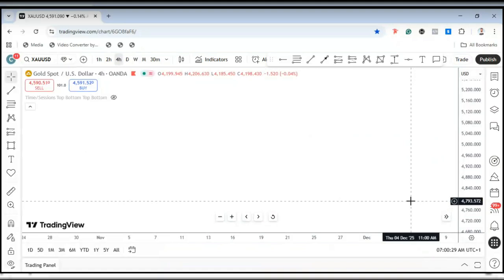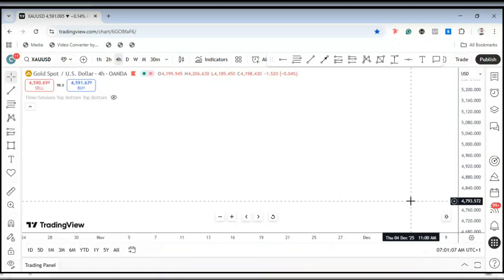Because if I'm buying Euro USD at 1.100, and someone is also selling to me at 1.100, and after like 5 or 10 or 15 minutes the price moves towards 1.200, the person who sold to me at 1.100 has definitely lost, and I have made money from that market. So for winners to exist, there also have to be losers.